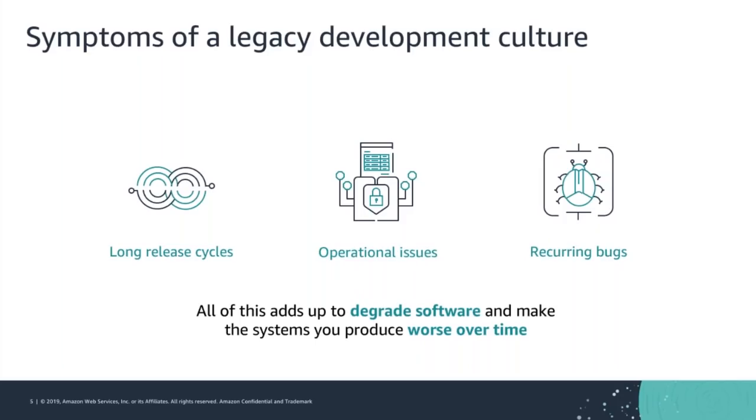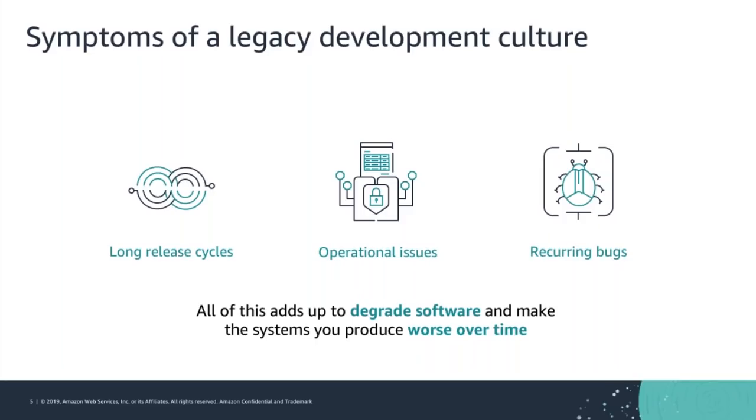A lot of times what we saw were the symptoms that you see right here. Looking at this slide, I think it's very apparent that you want to avoid these symptoms. No organization wants these symptoms, because in the end, it's not only hurting the customers, it's hurting the businesses and the employees as well.